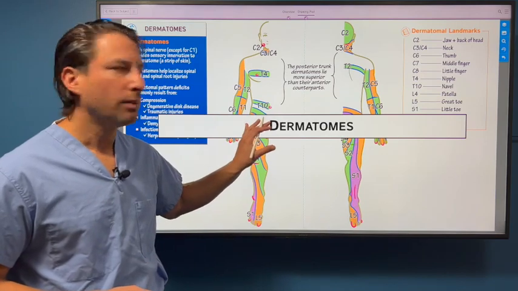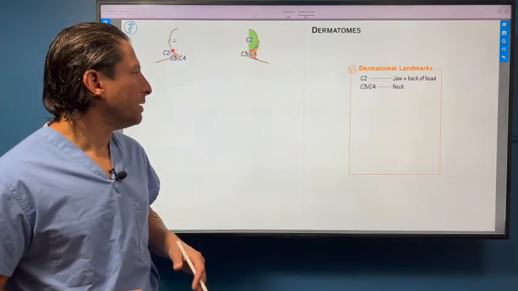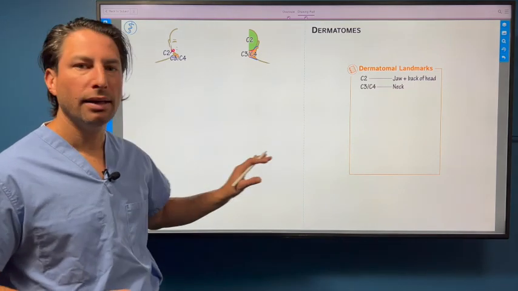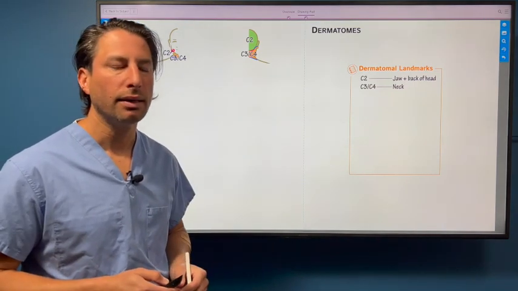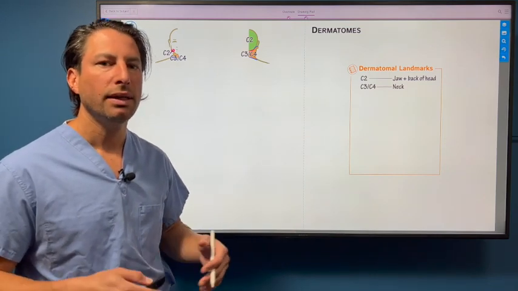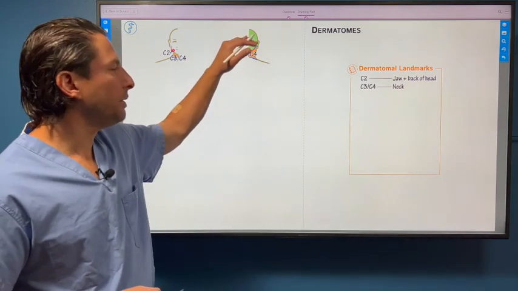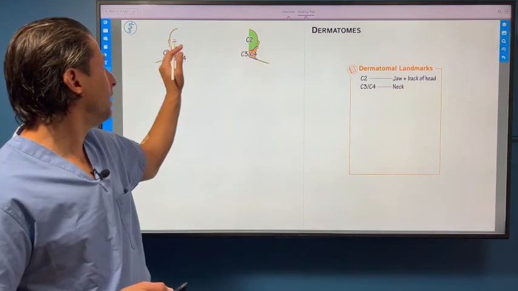Dermatomes. Last thing we'll go through here, sensory patterning innervation of the skin. These are really key for clinical practice because they relate to muscle stretch reflexes and are really important for localization. So C2, back of the head, and then the jawline.